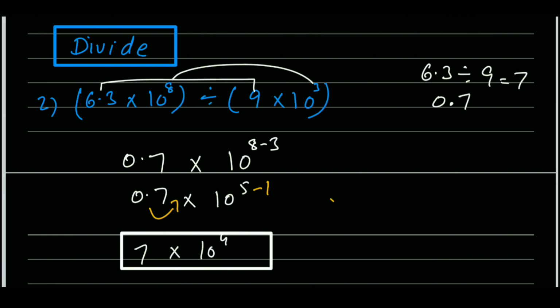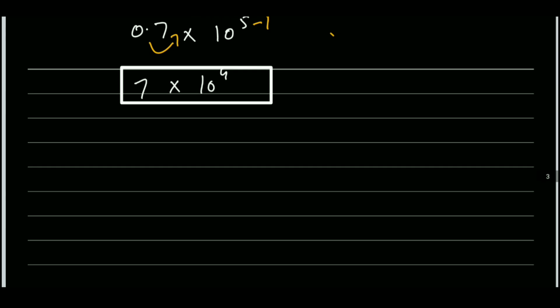So last thing, how to arrange standard form numbers, or how to find the greatest or the smallest number from a standard form question. How to rearrange.